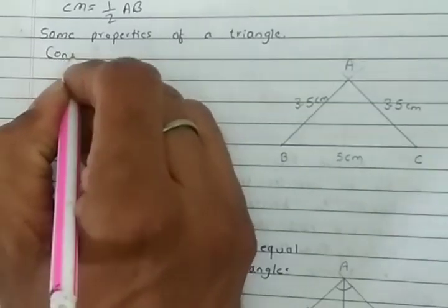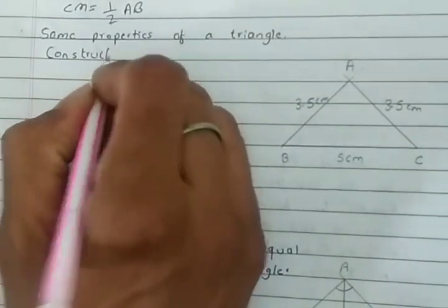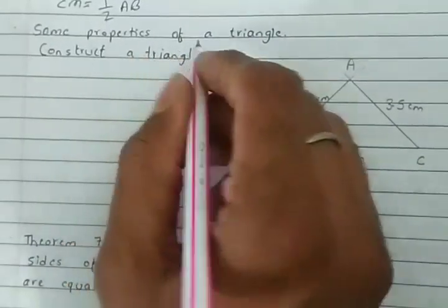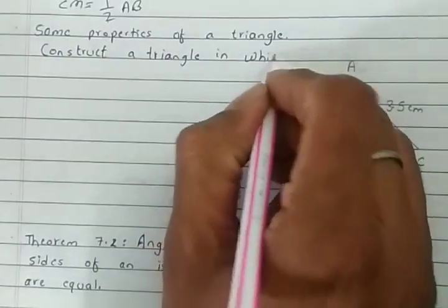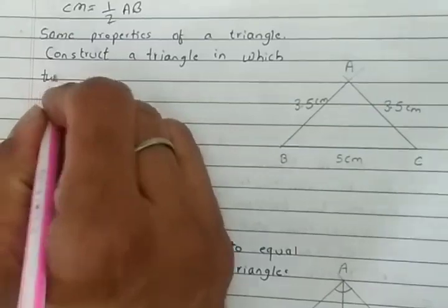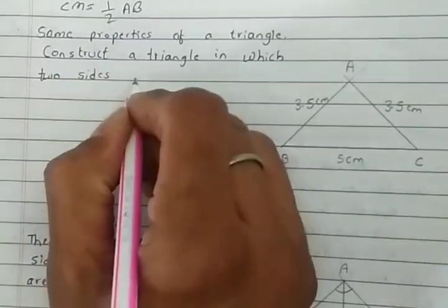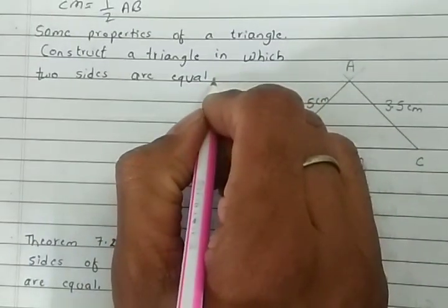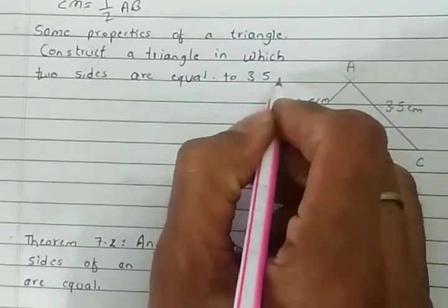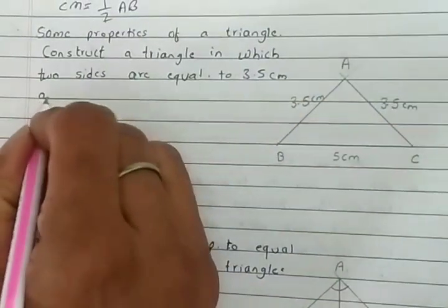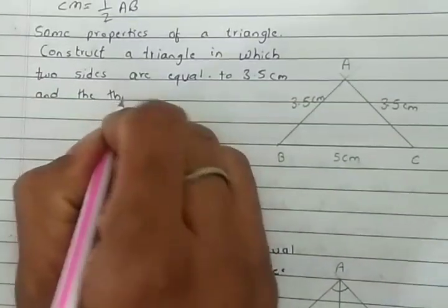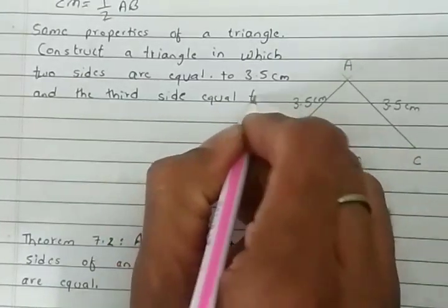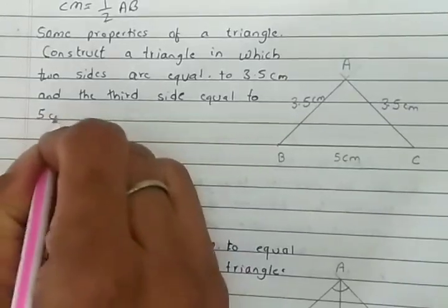Construct a triangle in which two sides are equal to 3.5 centimeter and the third side equal to 5 centimeter.